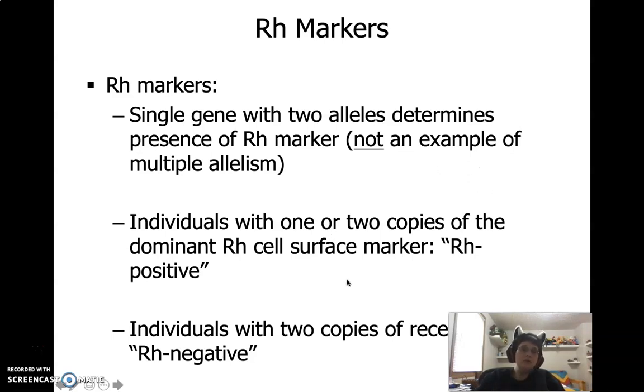If you have one or two copies of the Rh marker, so basically other flags, you're Rh positive. If you're an individual with recessive alleles for this Rh marker, you're going to be Rh negative. So that's what that positive negative on your blood type is, it's these extra markers that show up on your blood.